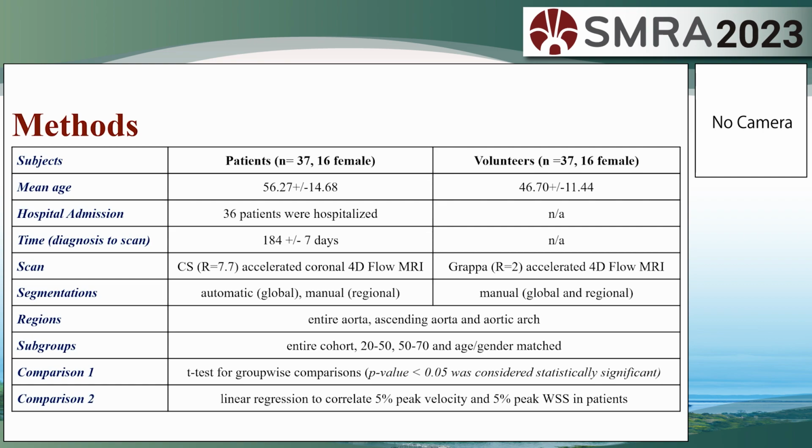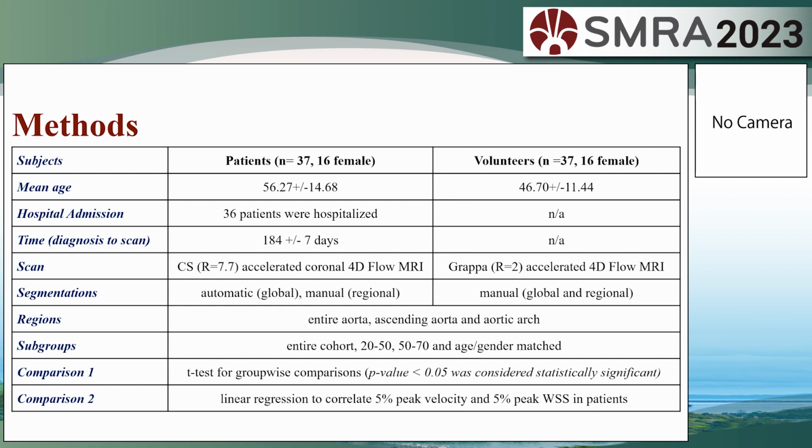The average time between the initial COVID-19 diagnosis to the 4D flow MRI scan was 184 days in the patient group. All patients underwent compressed sensing accelerated coronal 4D flow MRI of the chest, and volunteers were scanned with the traditional GRAPPA accelerated 4D flow MRI.